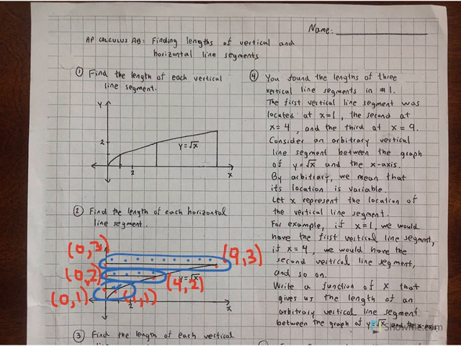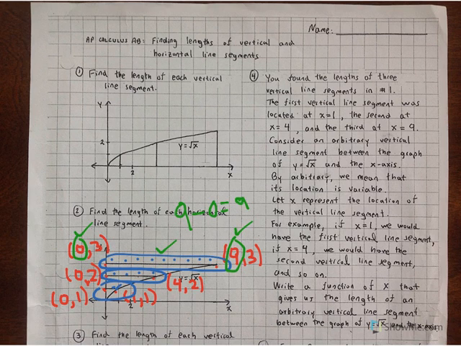The observation that we want to make is that we can find the length of each horizontal line segment not just by counting, but also by looking at the x coordinates of the right and the left endpoint. For example, for the third horizontal line segment, you can find that its length is 9 by subtracting the x coordinates of the right and the left endpoints. 9 minus 0 is equal to 9.